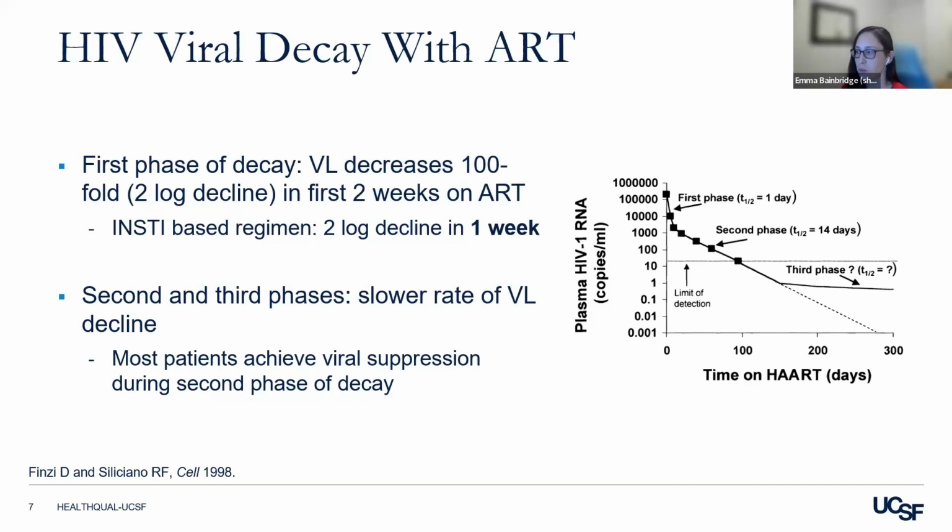Those other cells in the viral reservoir that are harder to get to, the latently infected ones, et cetera. And so it's a little bit harder to anticipate what happens with your viral load in those second and third phases. But for the most part, patients should achieve viral suppression during that second phase of decay. But really, I just want to highlight that in the first phase of decay, it's pretty consistent across the board. You should expect a 2-log decline in your viral load within 2 weeks, if not sooner, on INSTI-based regimens.